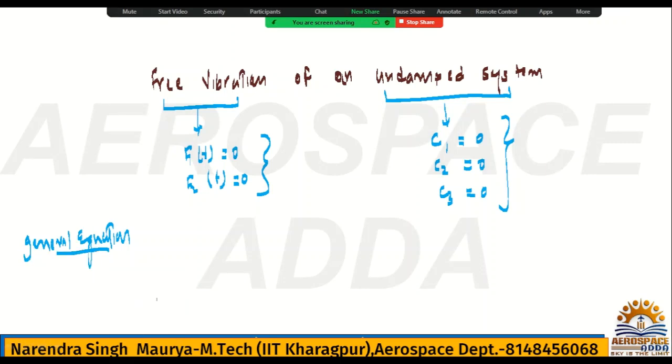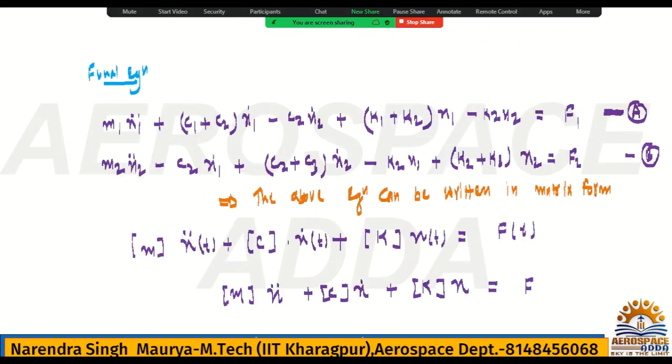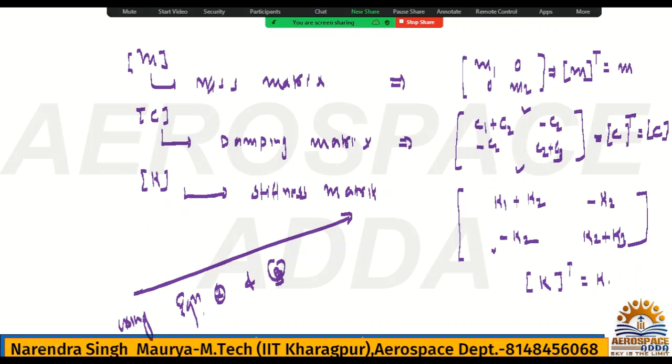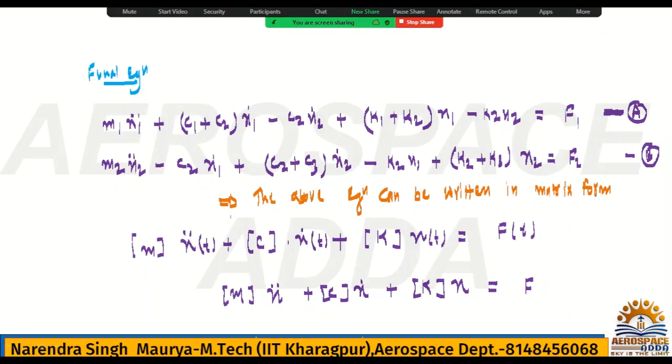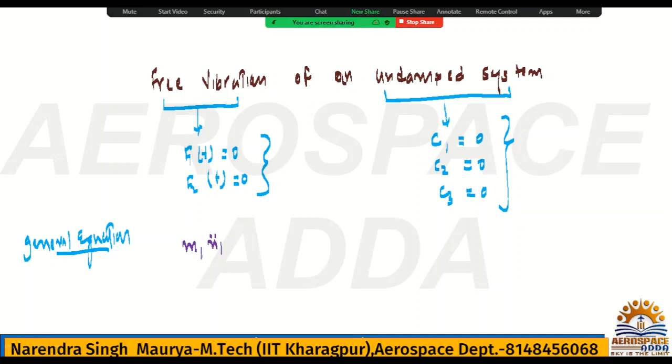Just focus here: you make C1, C2 0, F1 0, C2, C3 and F2 you make 0. Then what you will get is M1 X1 double dot plus K1 K2 X1 minus K2 X2, plus K1 K2 X1 minus K2 X2 is equal to 0.